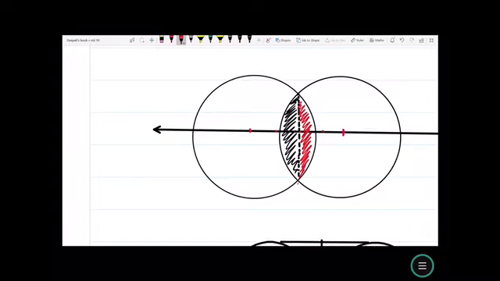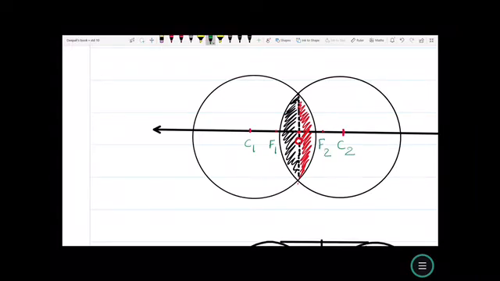Now we need to see what the optical center is. The optical center is the point here, represented by O. The center of this sphere is C1 and the center of this sphere is C2, that is, the centers of curvature of both the spheres.